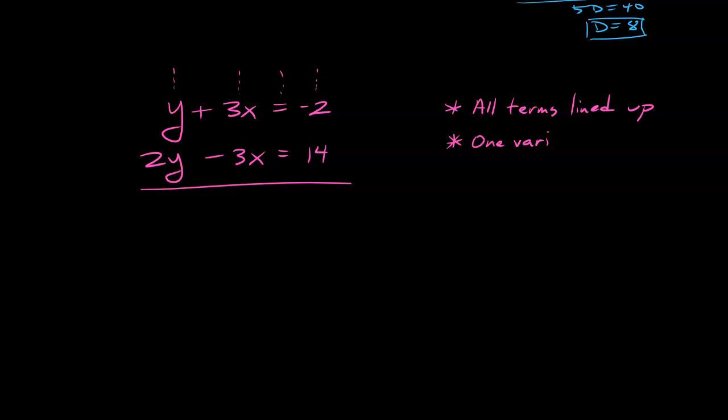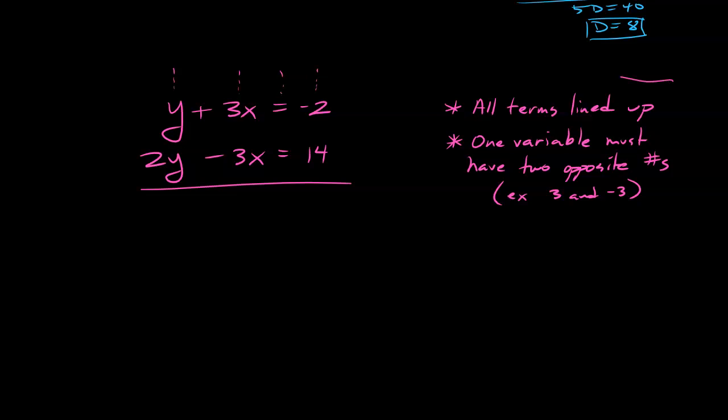It doesn't matter which variable. One variable must have two opposite numbers. So like for this problem, 3 and negative 3. Now if you have this situation, elimination works.